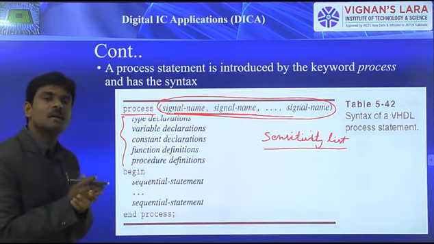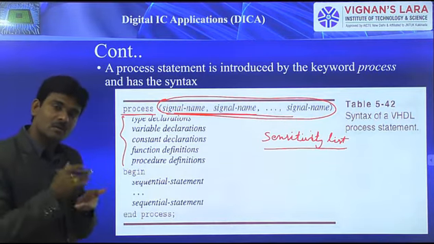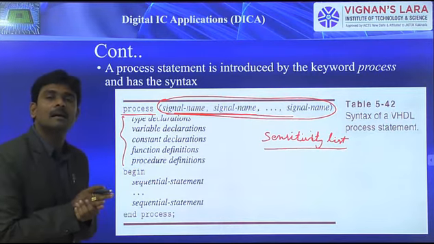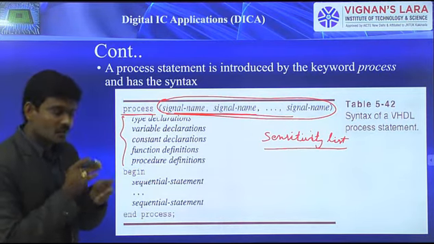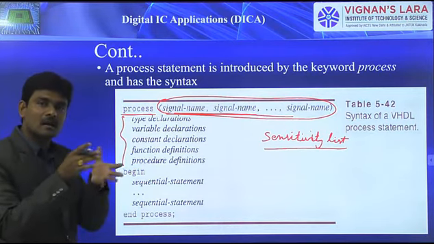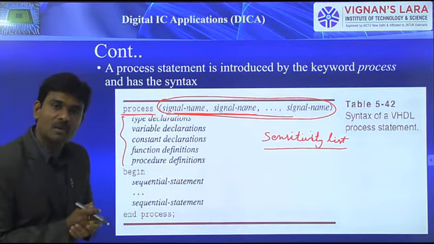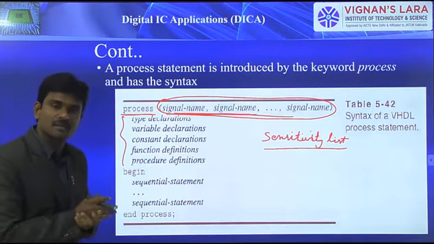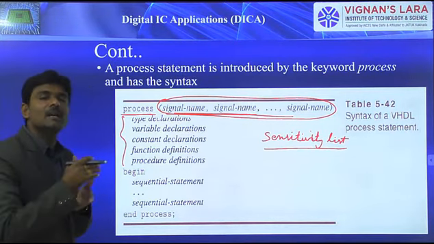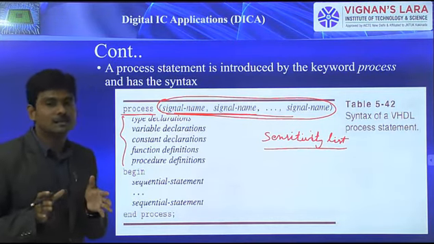All those we can describe within the architecture, before the beginning of the architecture body. Whatever declarations and definitions we made within the architecture before the architecture body starts, we can use within the architecture body.